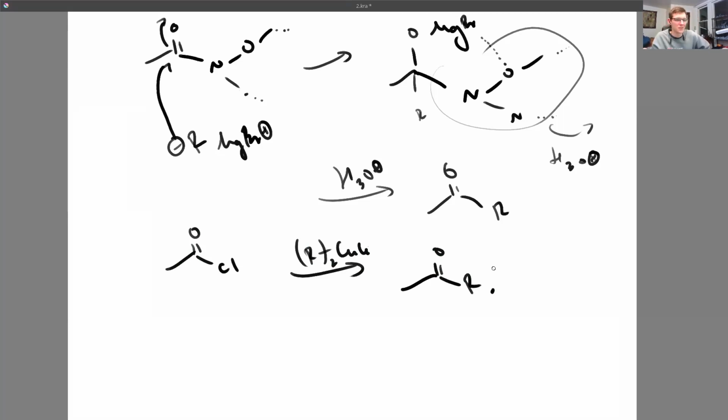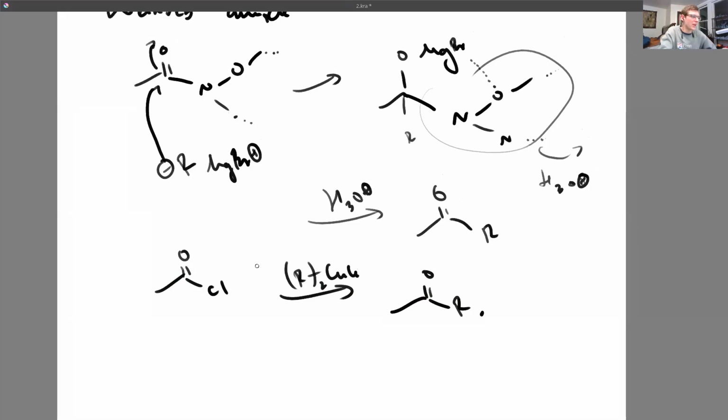I'm sure that Weinreb amides have their place and their use, and there are questions that they could ask you that would necessitate the use of a Weinreb amide. But if you're doing a synthesis, are you kidding? No, don't bother. It's not worth your effort. Cuprates are easy to make, and if you could just use an acid chloride or an anhydride, well, do it.